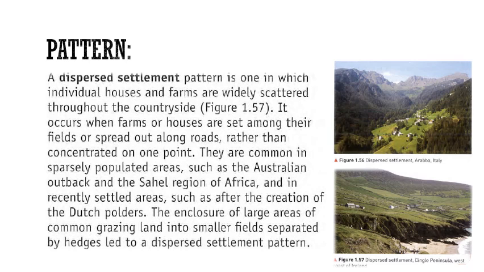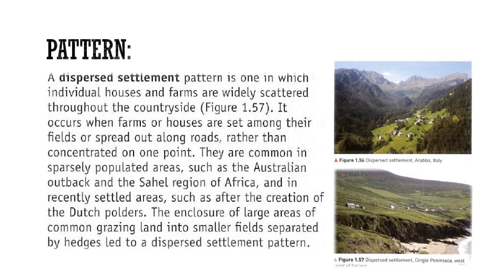Pattern. A dispersed settlement pattern is one in which individual houses and farms are widely scattered throughout the countryside. It occurs when farms or houses are set among their fields or spread out along roads rather than concentrated on one point.